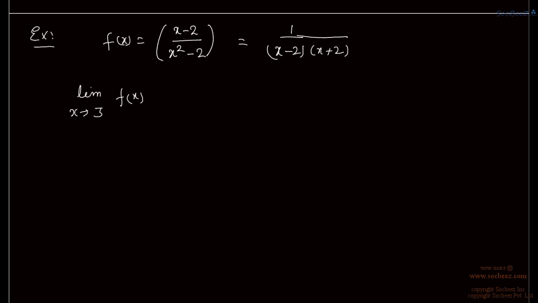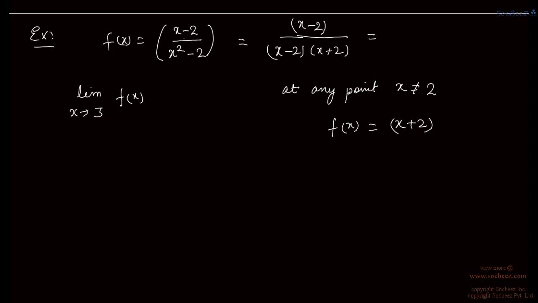So f(x) is equal to x minus 2 upon x square minus 2, which can be written as x minus 2 upon (x minus 2) into (x plus 2), right? So if you check the behavior of this function at any point x not equal to 2, okay, when x not equal to 2, we can write this as x plus 2, right?